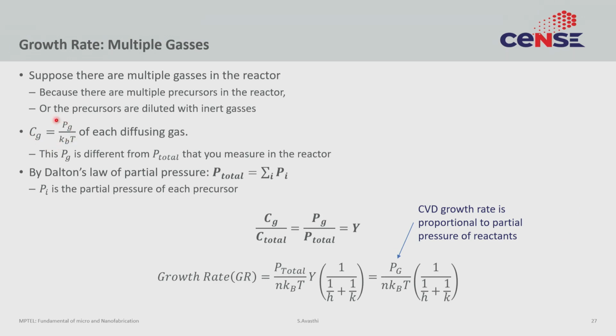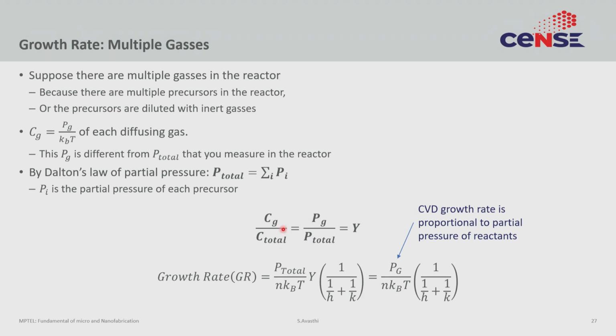Now, this pressure is there for each gas, but then you also have Dalton's law of partial pressure, where the total pressure is nothing but the sum of all these component pressures, right. So, if Pi is the partial pressure of each precursor, then you can also write this, where the fractional concentration of a certain gas is nothing but the partial pressure of that gas divided by the total pressure.